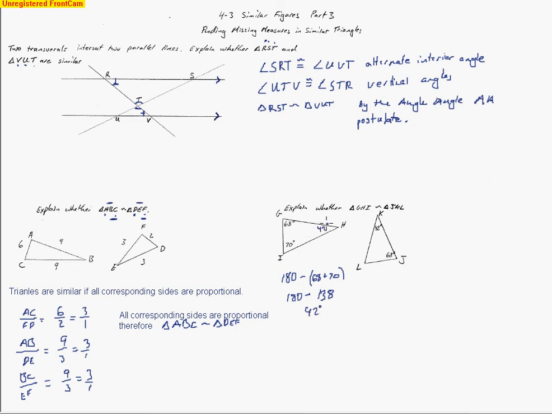Now notice that G is 68, and at point H it is 42 degrees. Well, that matches what we have here. See, K is 42 degrees, J is 68 degrees. So what we can say is triangle GHI is similar to triangle JKL. And here's our reasoning.